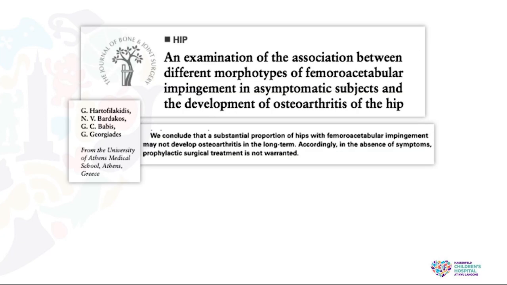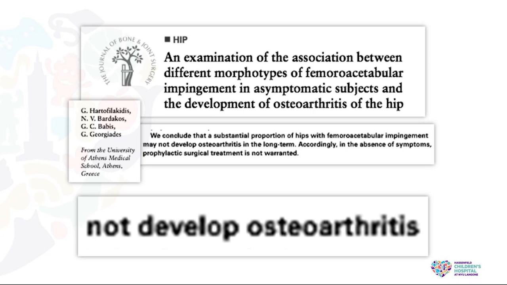But, and the big caveat to this is that multiple studies have shown that most of these hips do not actually develop arthritis, despite having this radiographic impingement. And we know that instability is a much stronger predictor of arthritis than idiopathic FAI.